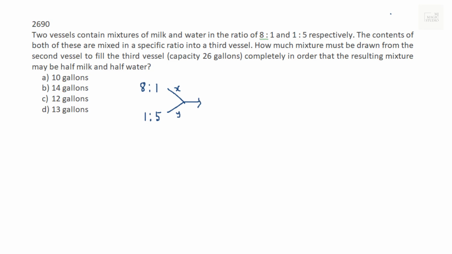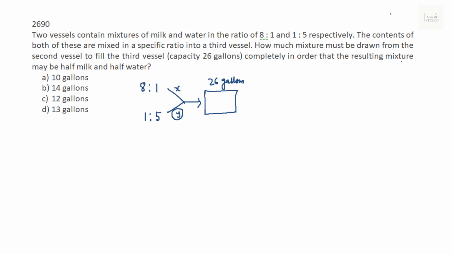How much mixture must be drawn from the second vessel? We are looking for the value of y, not in the ratio, in the quantity term. To fill the third vessel, and the capacity of the third vessel is 26 gallons. That means x plus y in quantity should be 26.